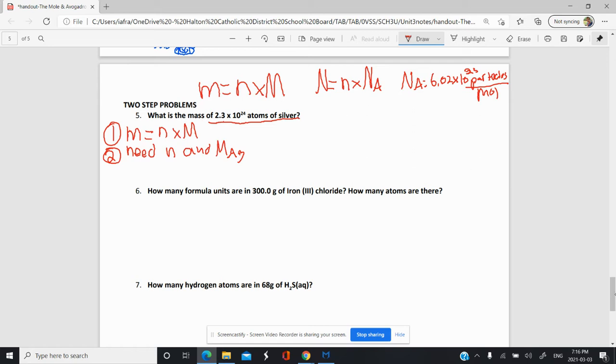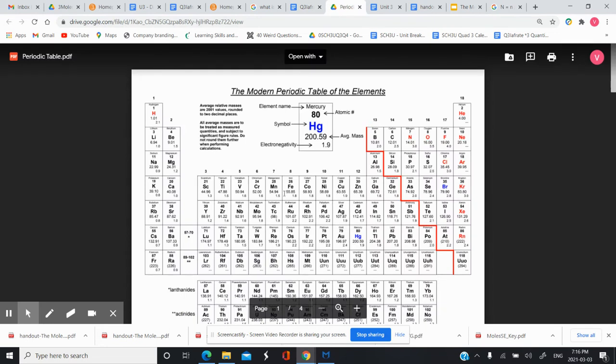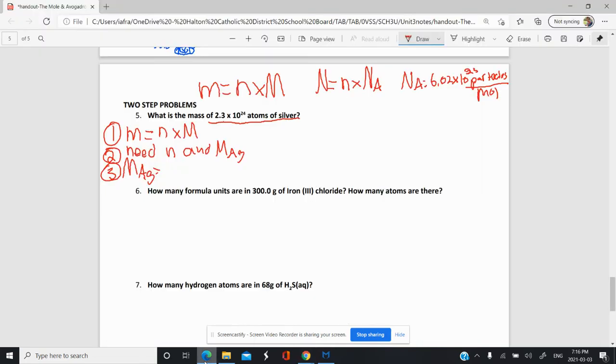Okay, so this is sort of my planning process here. And so I'm going to write down next what I need to do. I have my molar mass of silver. If you go look at your periodic table, Ag is over here, and the molar mass of silver is 107.87.